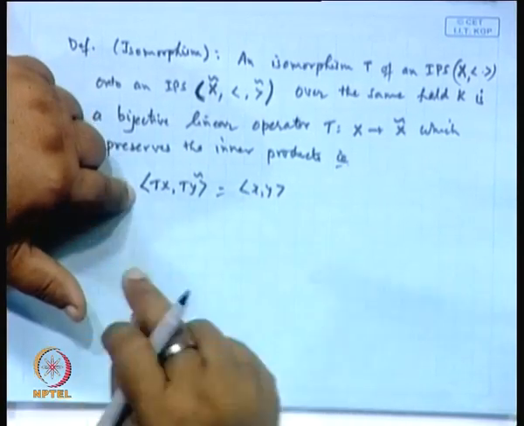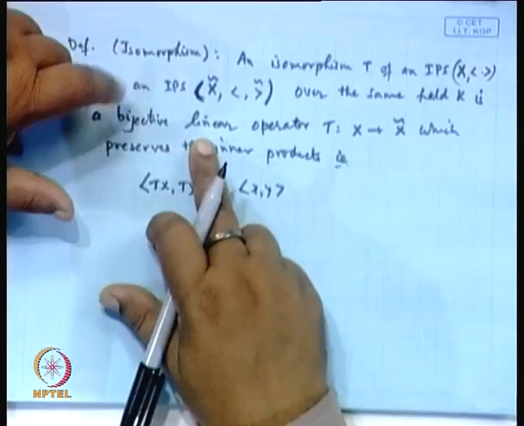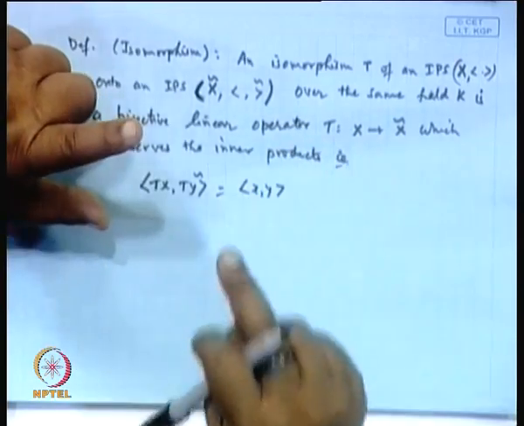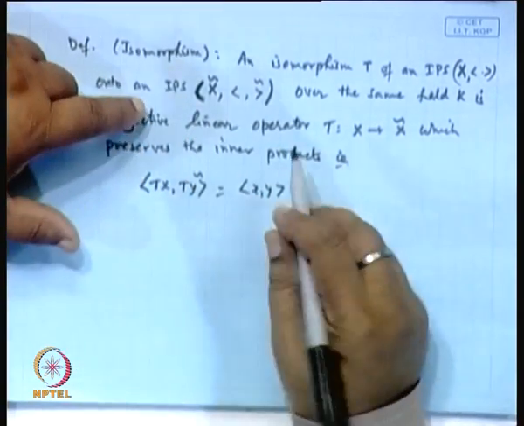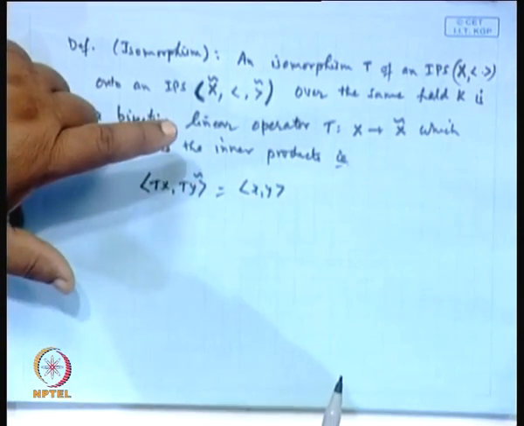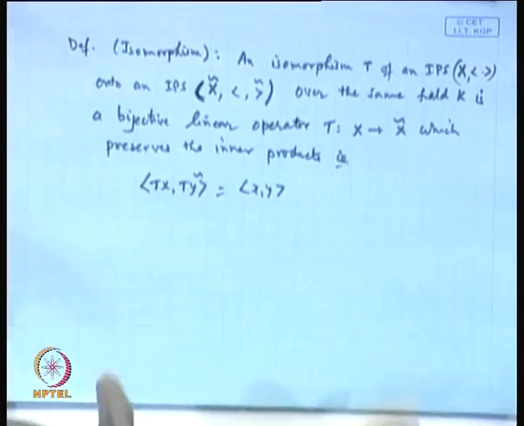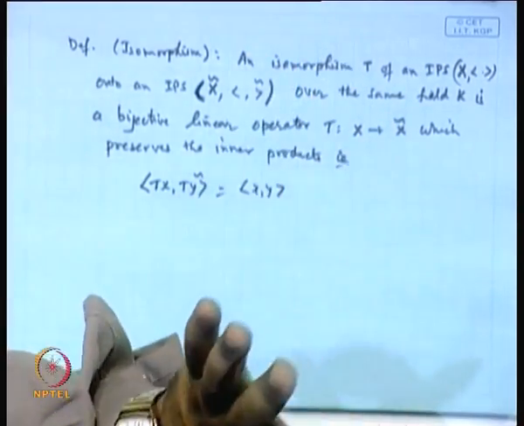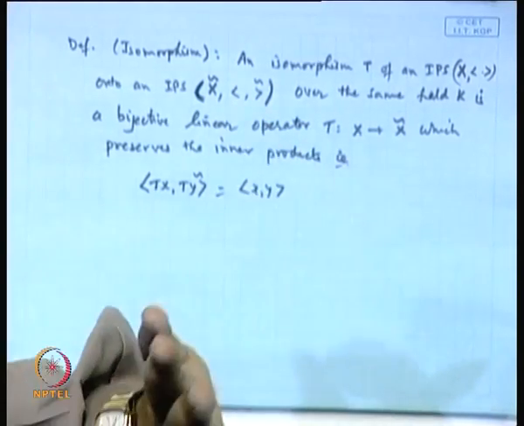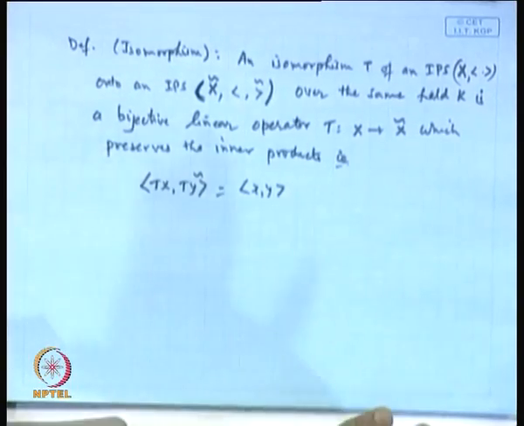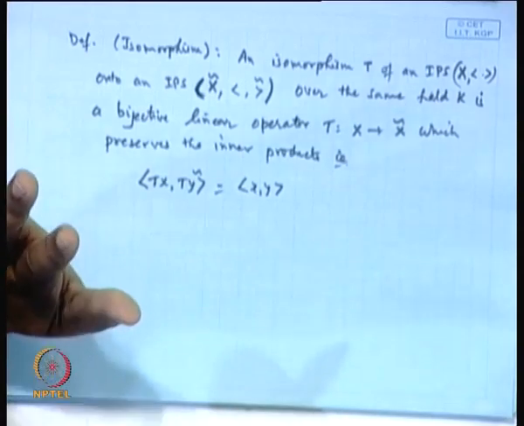Because T is a bijective linear operator, it means that addition and scalar multiplication defined on X are also preserved under T. So basically the T, an isomorphism from one inner product space to another, preserves all the algebraic structures and operations defined on X, whether vector addition, scalar multiplication or the inner product introduced on it. Is that clear?